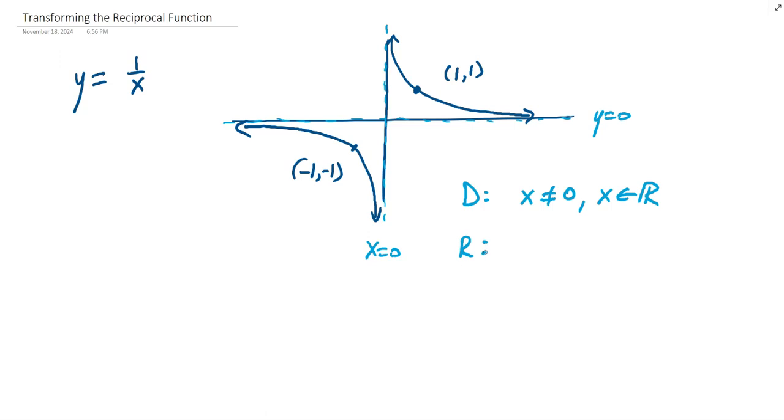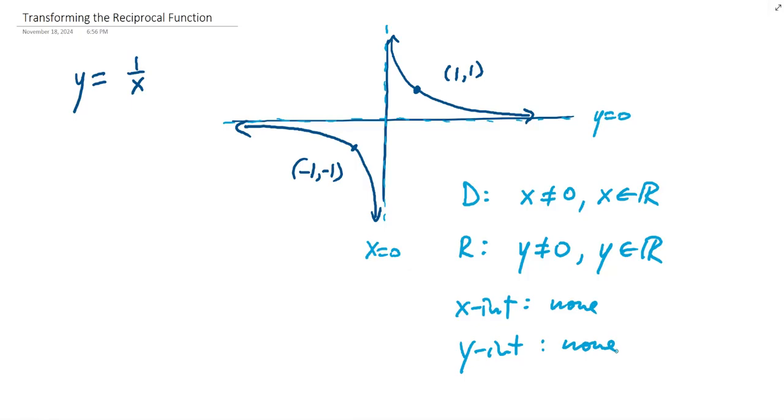The range is all y's that are not 0, where y is a real number. And there are no x-intercepts here. There's no y-intercepts here. None and none. And that's it. That's a quick sketch of y equals 1 over x, which is the reciprocal function.